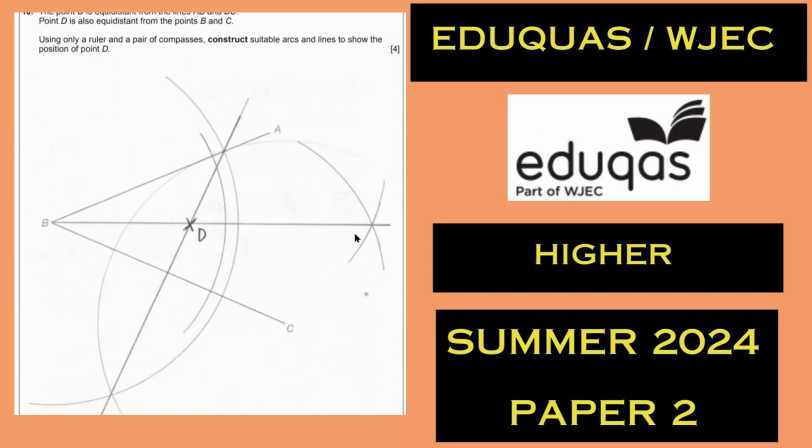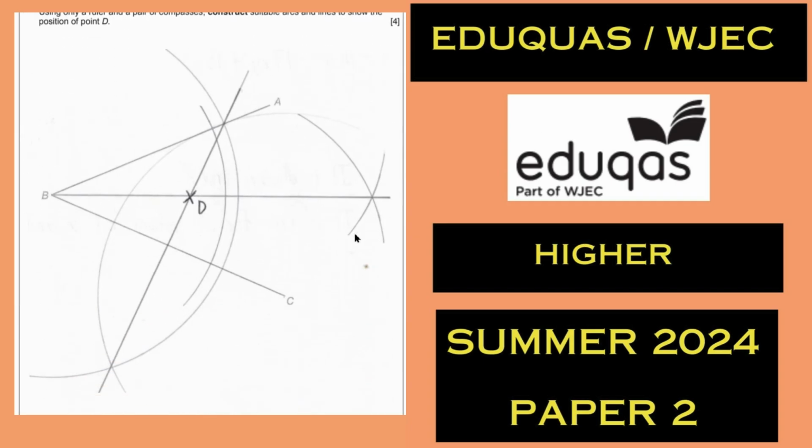For obvious reasons, on number 10, I've had to cheat. So the idea is your first job to be equidistant from AB and BC. That's your angle bisector. So set your compasses to a sensible size, metal point on B, and you draw, I drew this arc here.